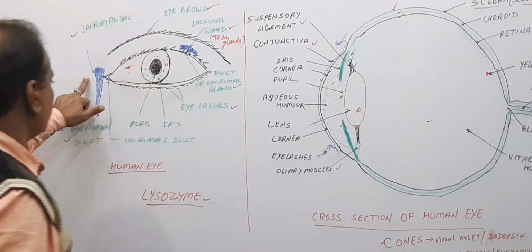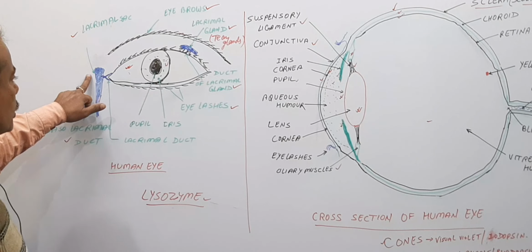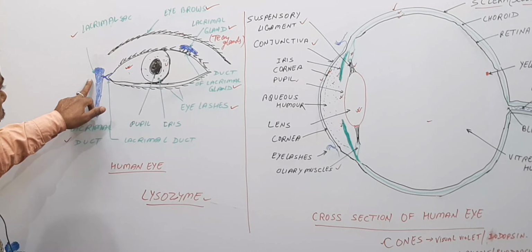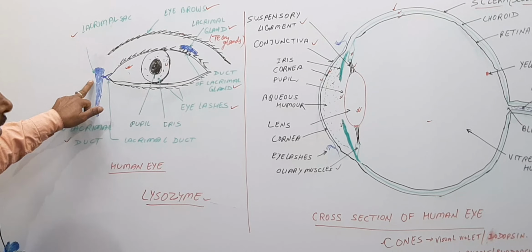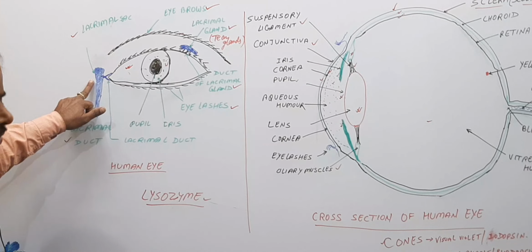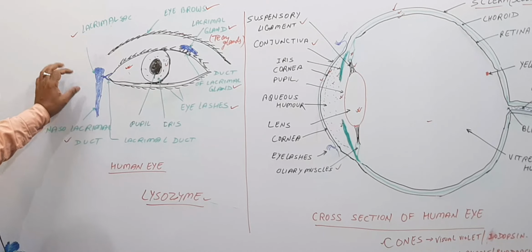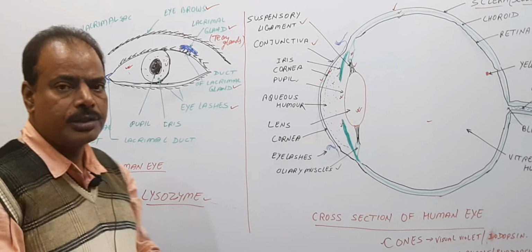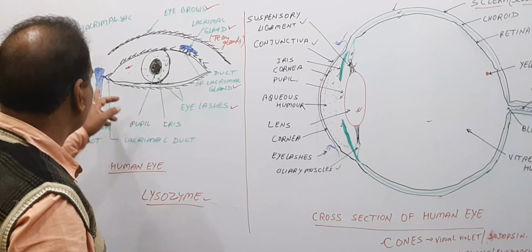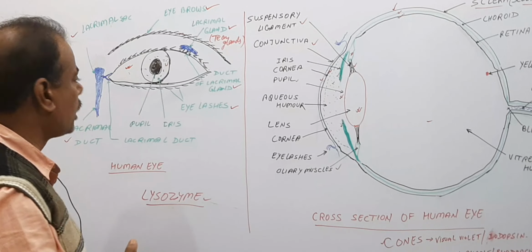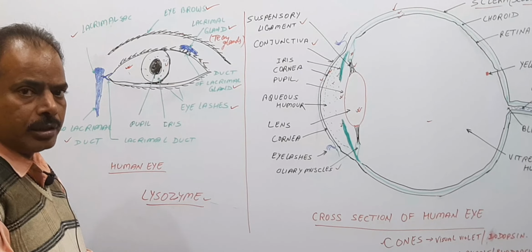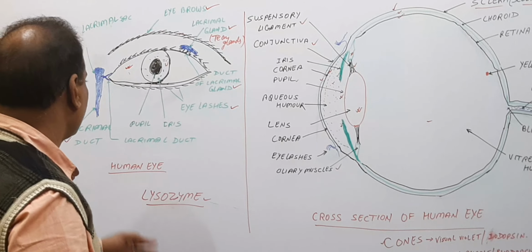The lacrimal sac is located between the two eyes in the upper portion, and it stores tears. The nasolacrimal duct is the lower part. It is located below the lacrimal sac, and it connects our eye to the throat or pharynx.